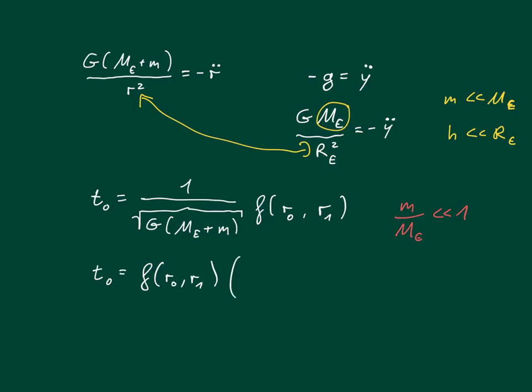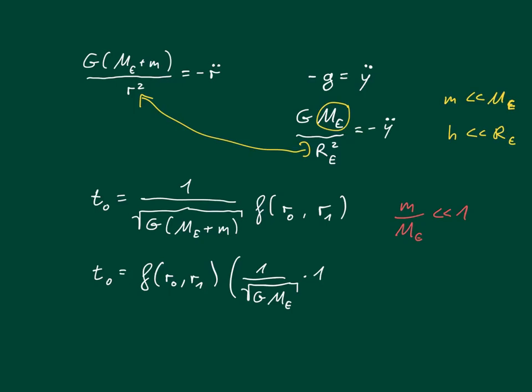And here comes the Taylor expansion of 1 over square root, which is 1 over square root of G times the mass of the Earth times 1.